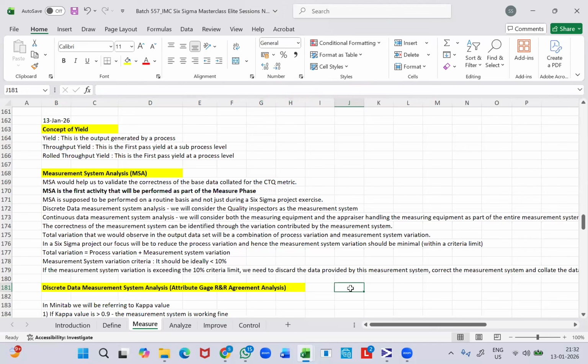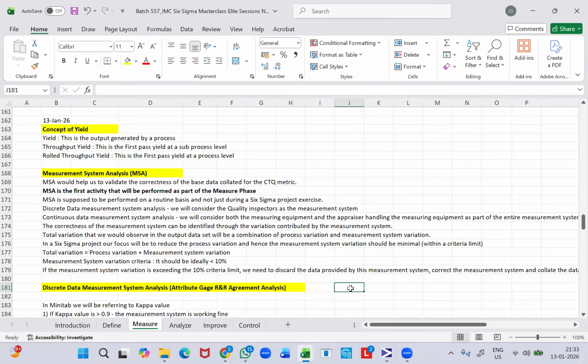This exercise will be performed using the manual formula. We will calculate the performance of the metrics, which would represent the measurement system variation for a discrete data scenario, and then see whether the variation percentage of these metrics is less than 10% or not, right?